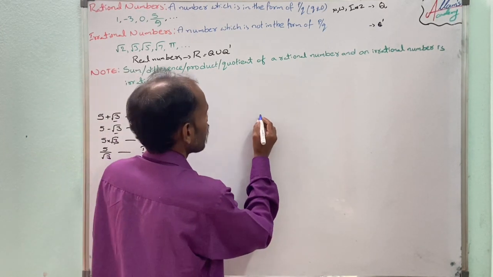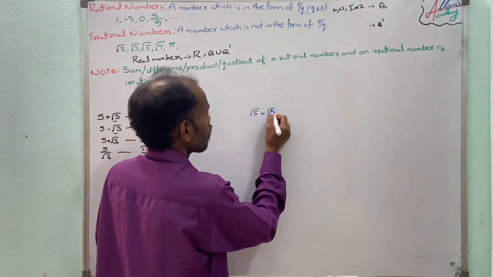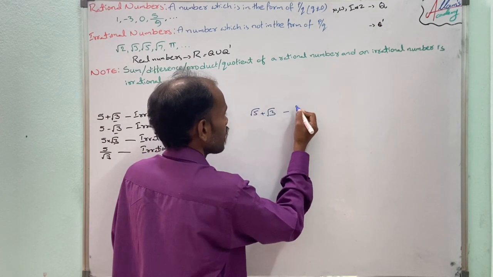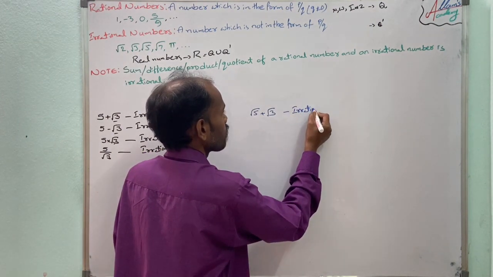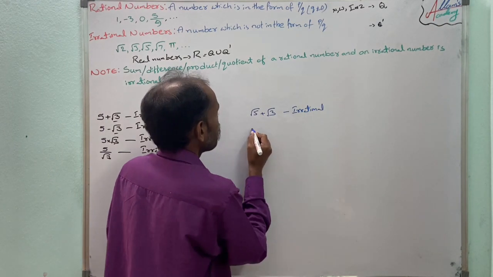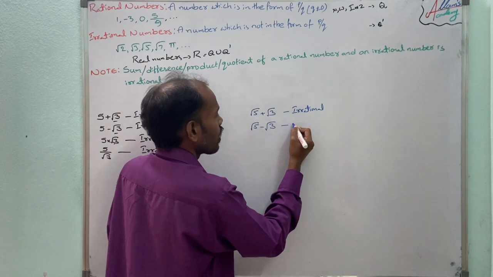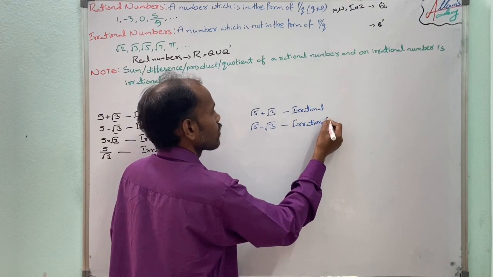So if we take irrational numbers root 5 and root 3, now both are irrational numbers, so their addition must be an irrational number only. If we take the subtraction root 5 minus root 3, now also we get an irrational number only.